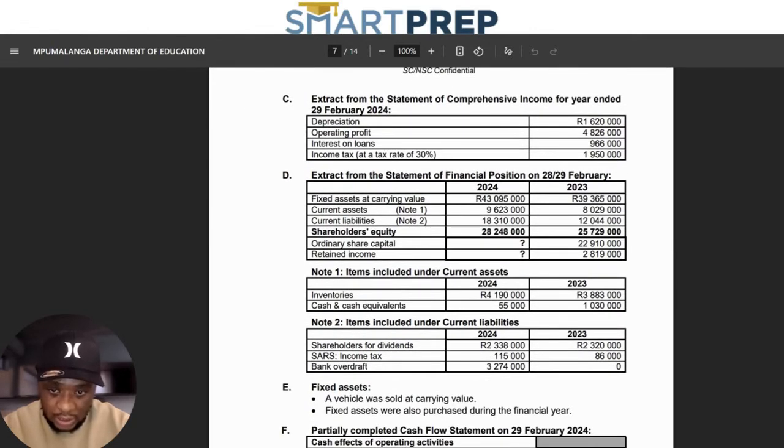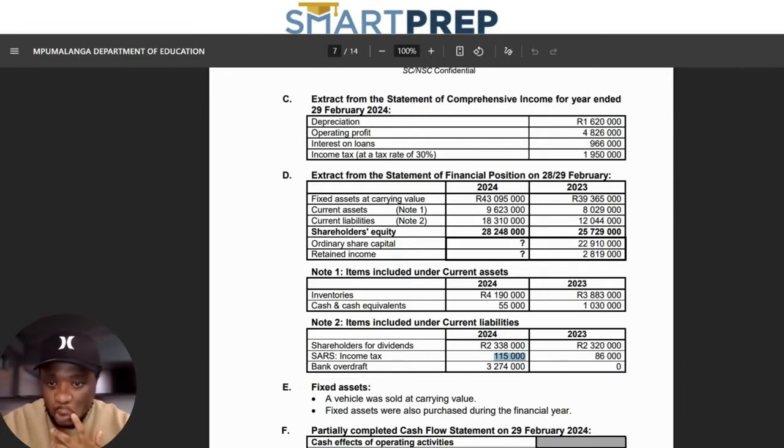So there we go. Under our current liabilities, we have SARS income tax, 86,000 at the beginning and 115,000 at the end. Now in this case, they weren't very specific in terms of whether it's credit or debit, but the default that you go with is basically the fact that it would be a credit.